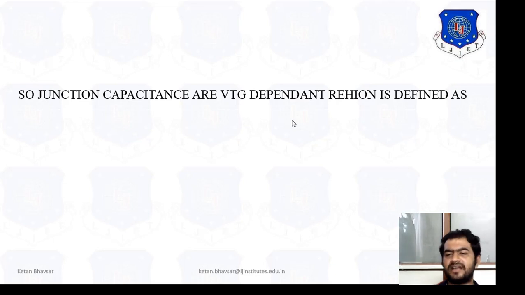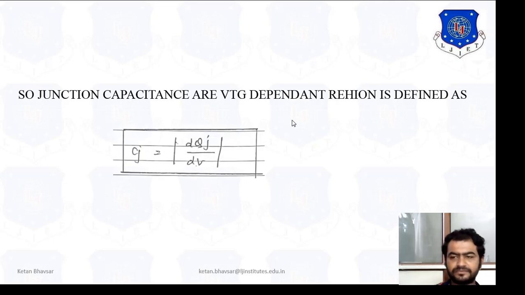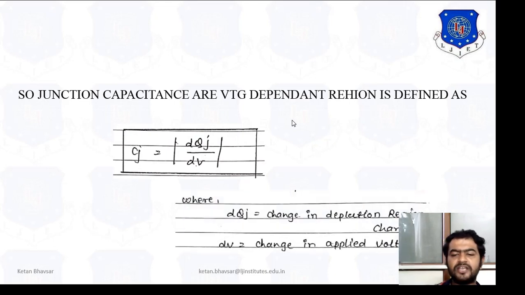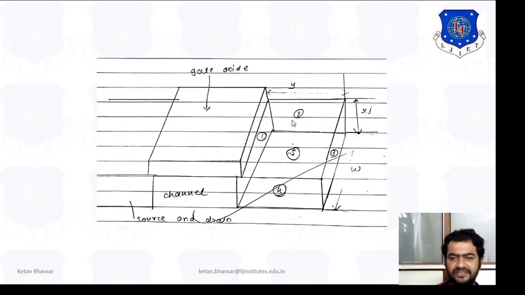It is defined as Cj equal to dQj divided by dV, where dQj is the change in the depletion region charge and dV is the change in applied voltage.